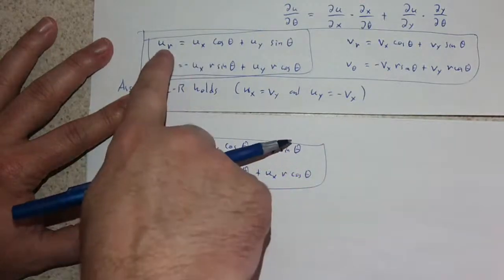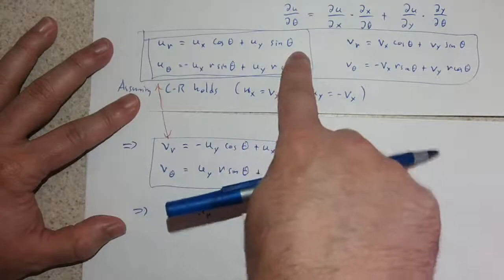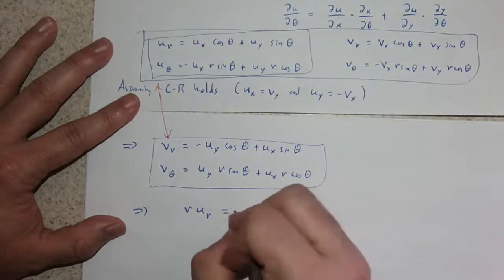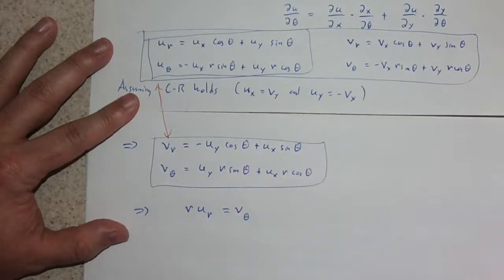So if I multiply u sub r times r, this is exactly v sub theta. So r u sub r is equal to v sub theta. Okay, and what else? What's the relationship between u sub theta and v sub r?